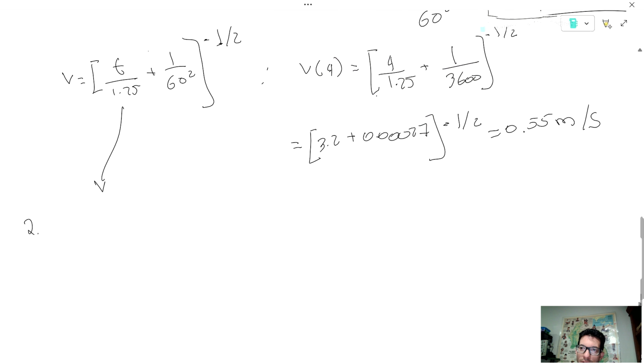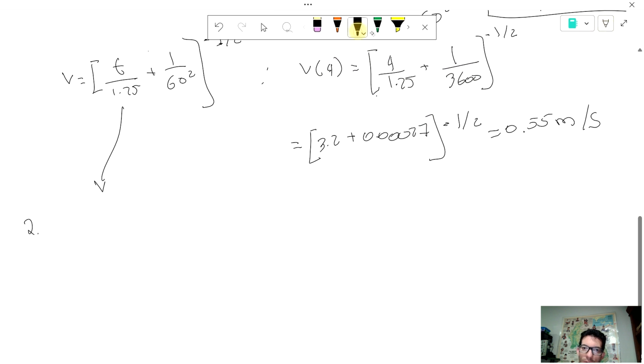Okay, for the second part, what we need to do is find the displacement, or the distance, after 4 seconds. So remember that for this question, we basically have to integrate twice. The second derivative of displacement with respect to time is equal to the acceleration, but we already have the velocity.